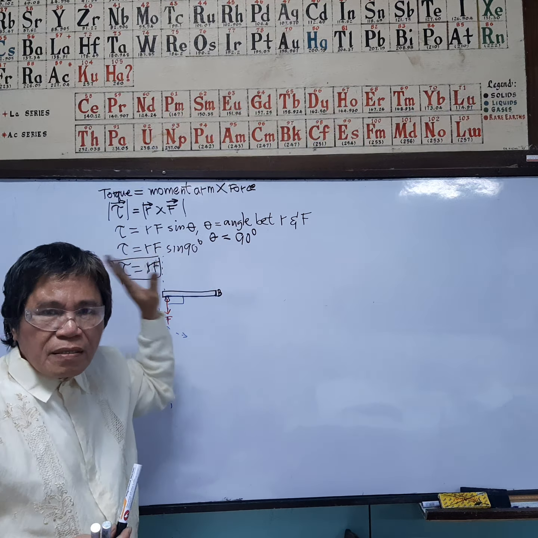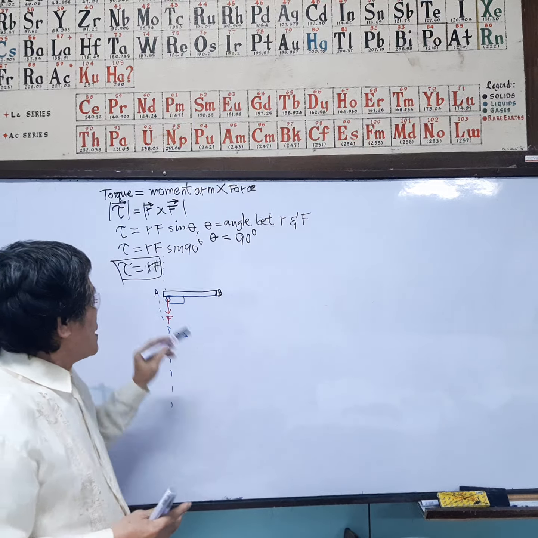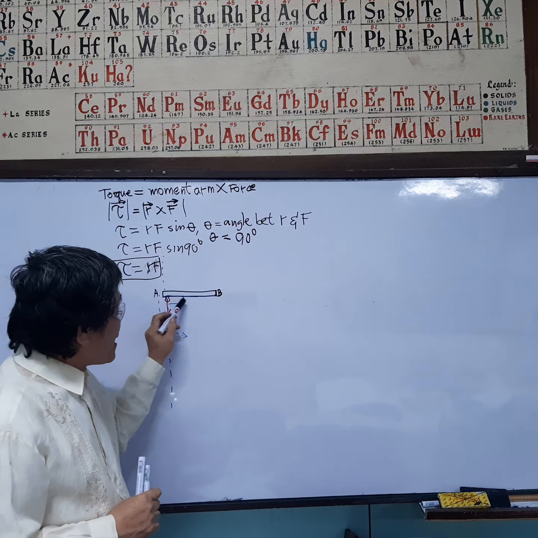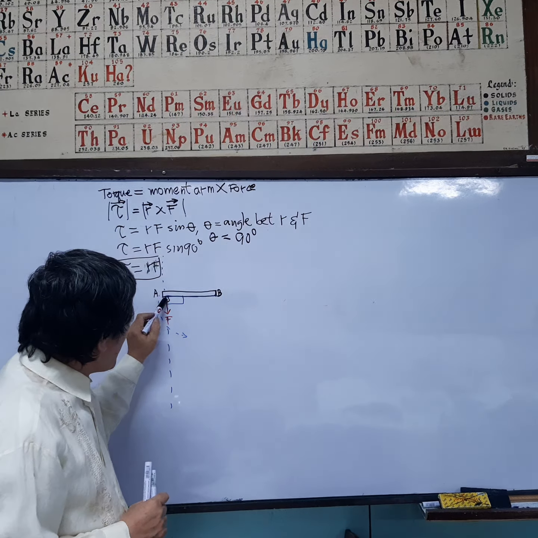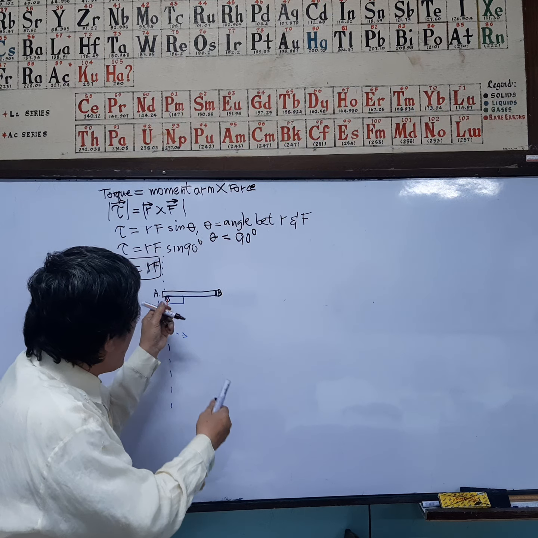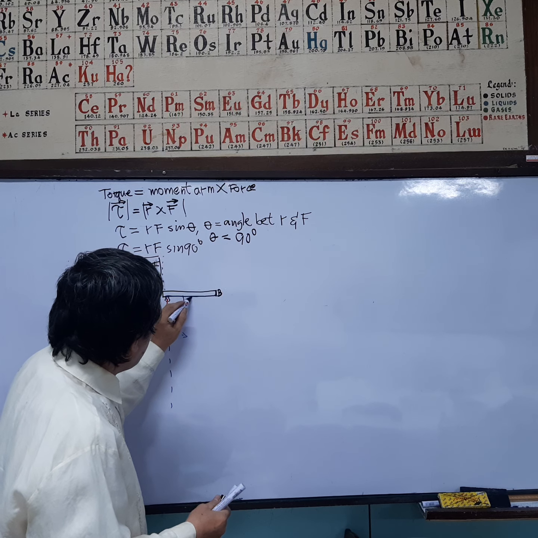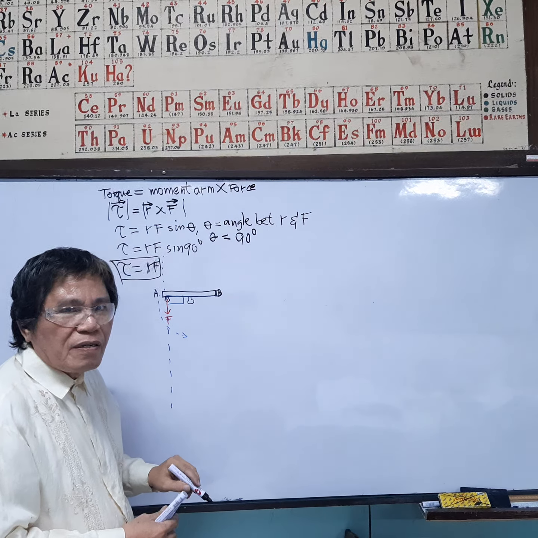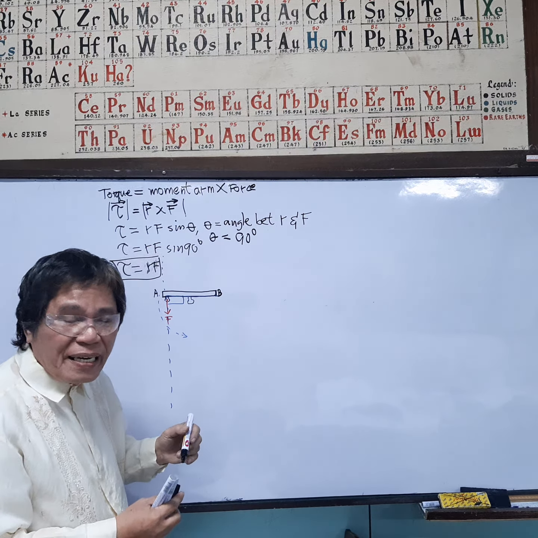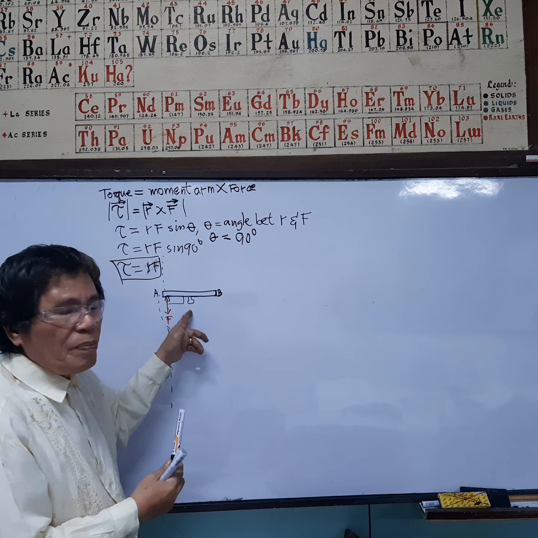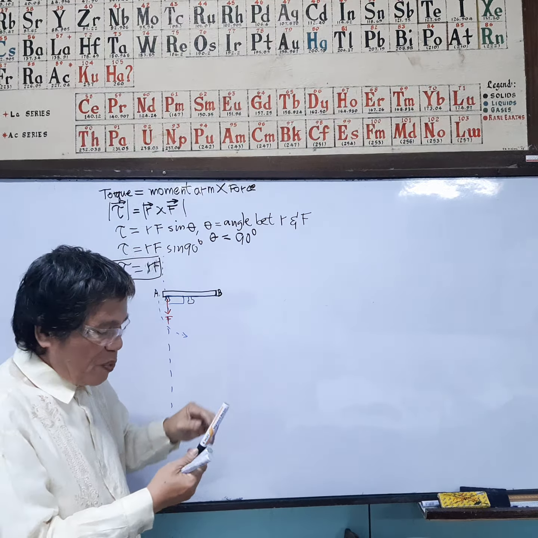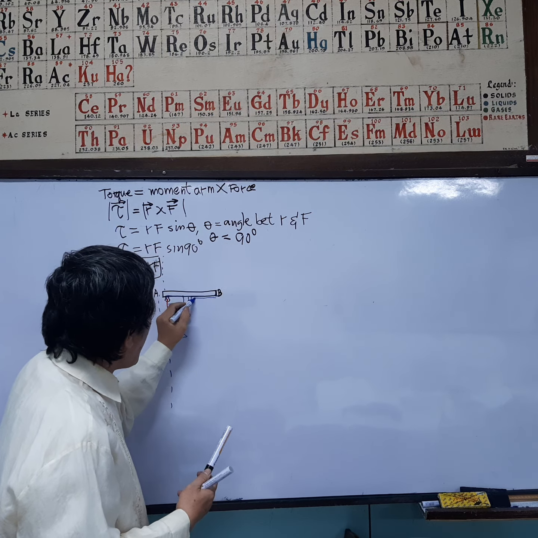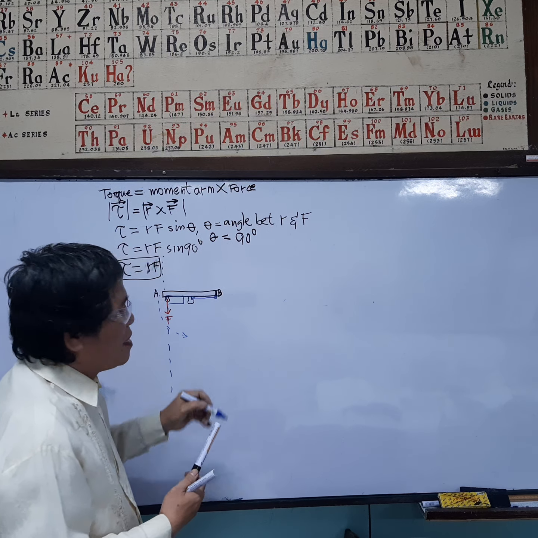Now, this is the concept of torque. If you are going to move this doorknob nearer the axis, nearer the hinges, what happens? It will be harder for you to open the door, because the R here, the distance from the axis, is shorter.